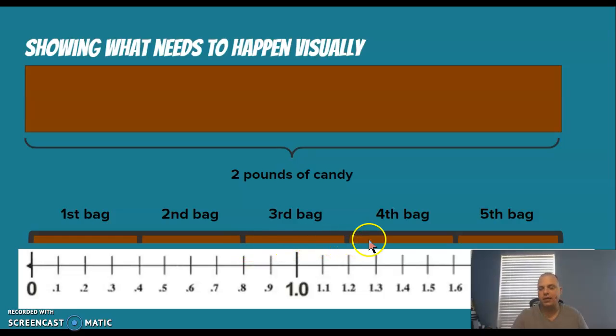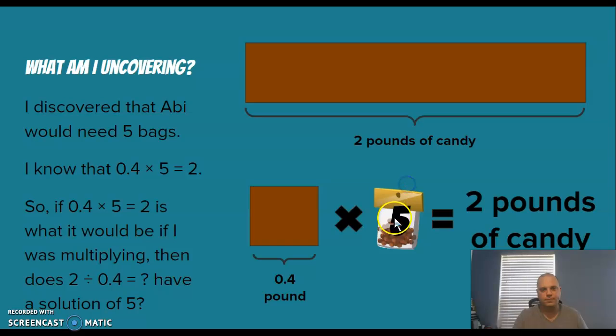The fourth bag has 4/10 of a pound. And finally, the fifth bag has 4/10 of a pound. So 2 divided by 4/10 would be 5. Or 5 times 4/10 equals 2.